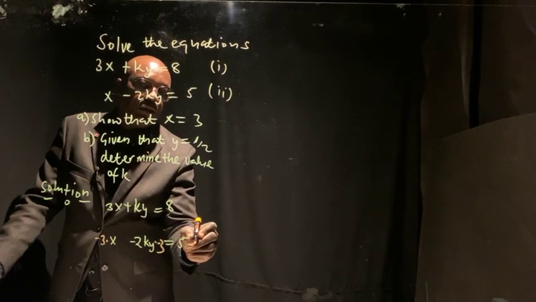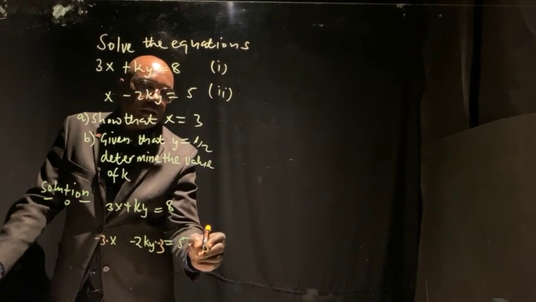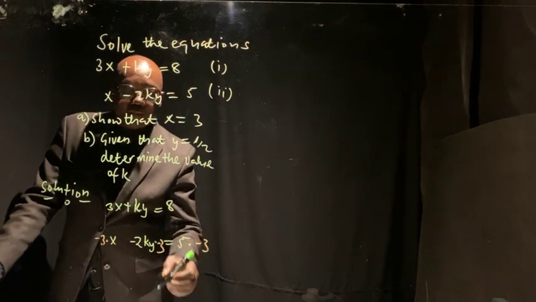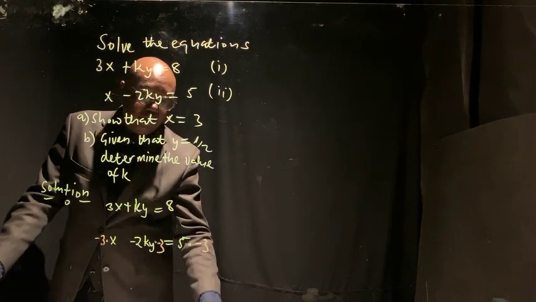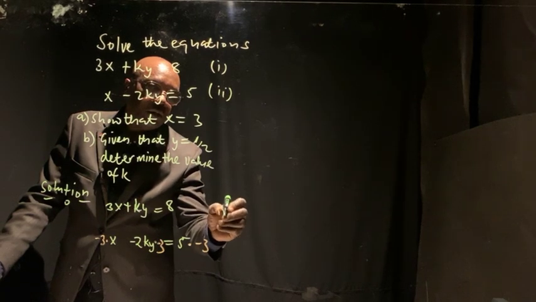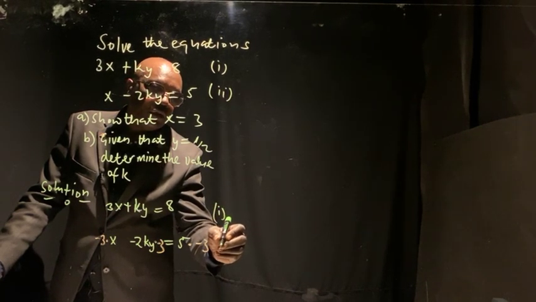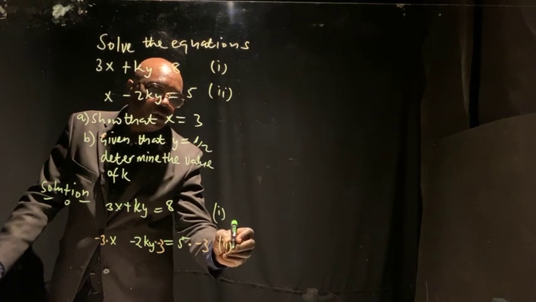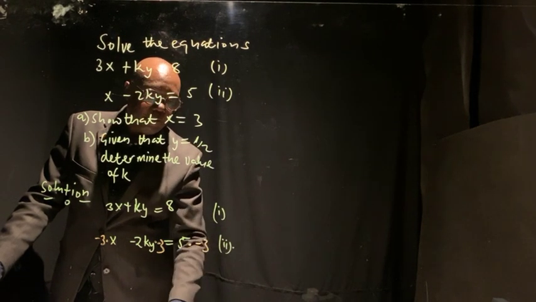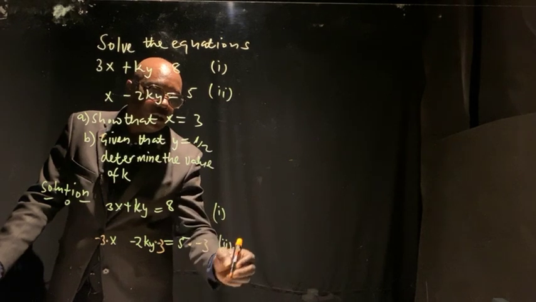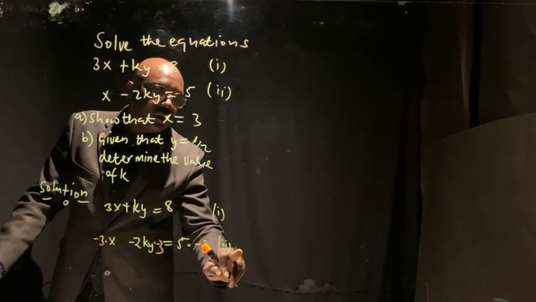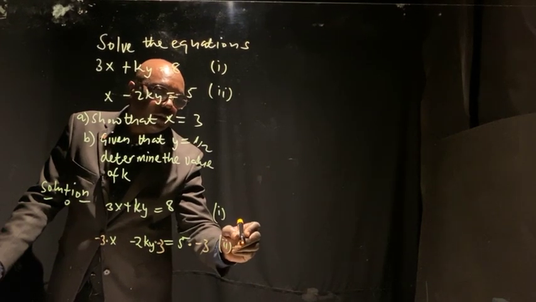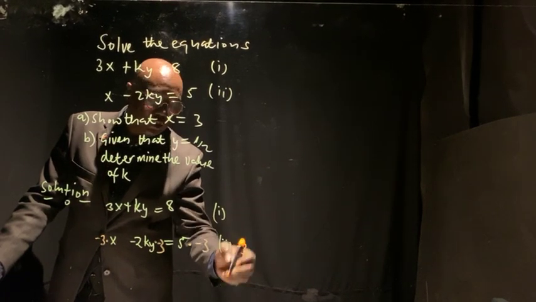We call this one equation 1, and this one equation 2 being multiplied by -3.